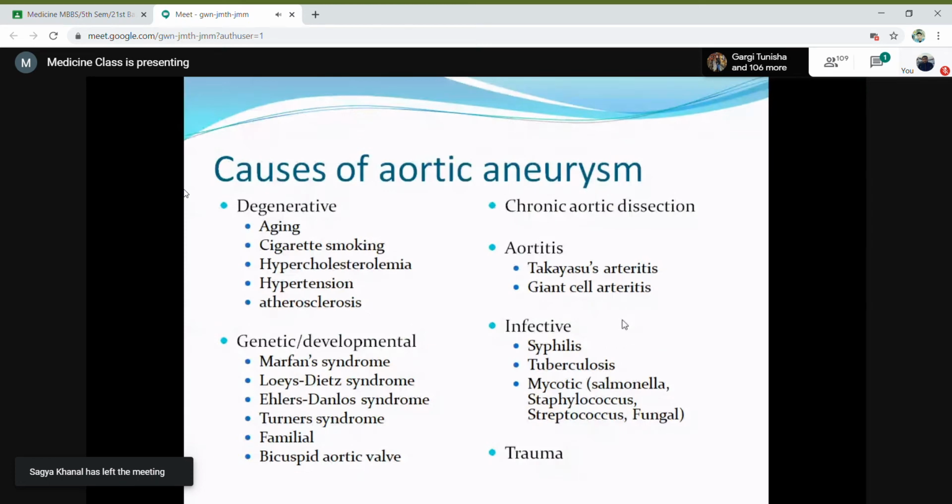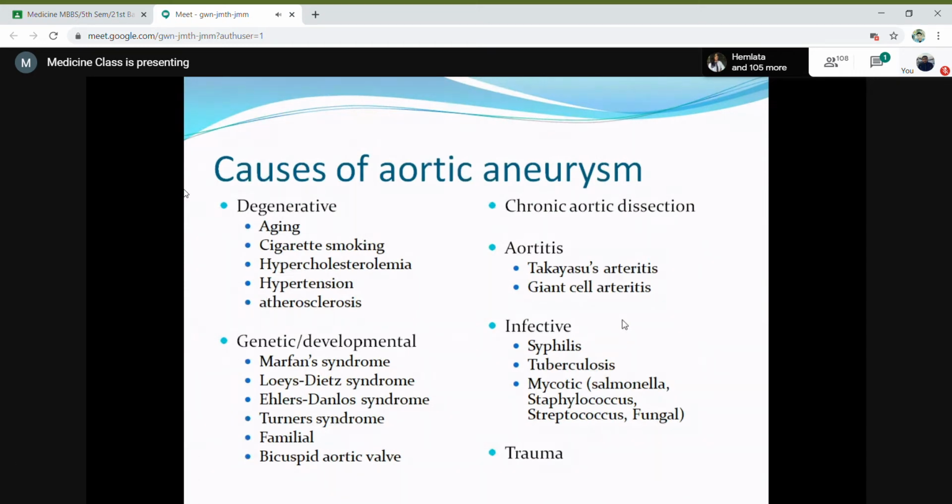And sometimes aortic aneurysm may be associated with Turner syndrome, familial problems, and bicuspid aortic valve. It may be a result of chronic aortic dissection. It may be a result of aortitis, that is, inflammation of the aorta because of Takayasu's arteritis and giant cell arteritis, and infective causes like syphilis, tuberculosis, and mycotic aneurysm.